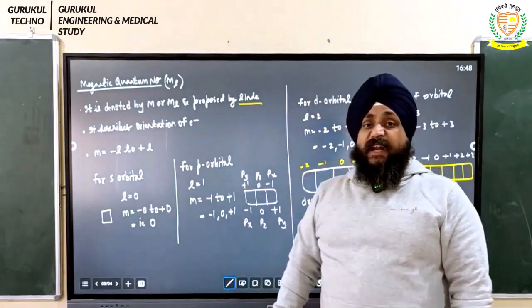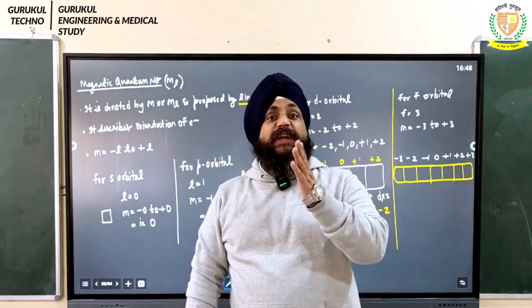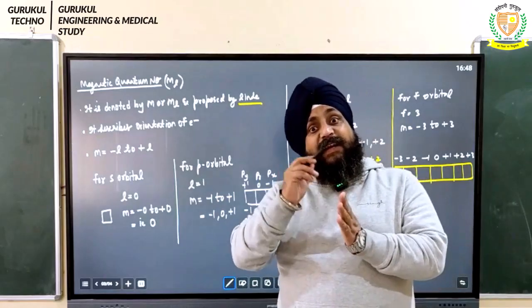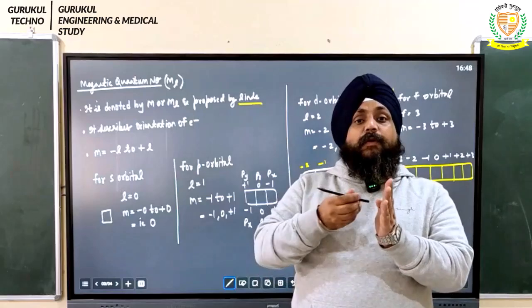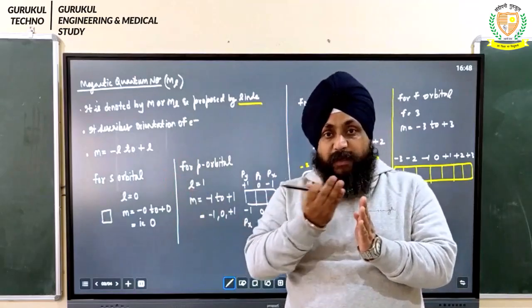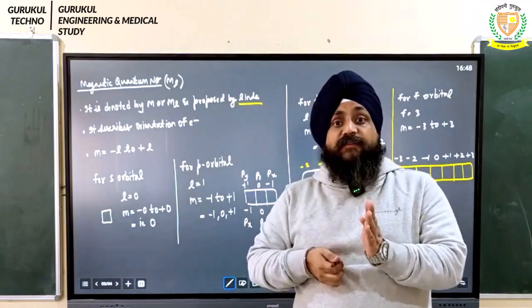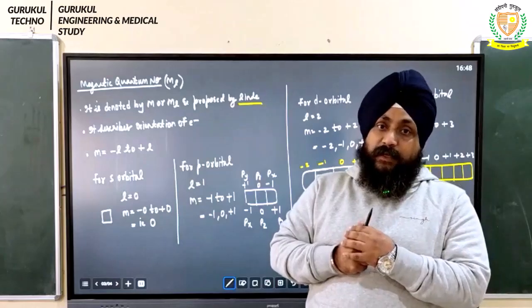It describes the orientation of the electron, that is, in that orbital where the electron is oriented. If it is a p orbital, it may be oriented along the x-axis, so it becomes px. If it is oriented along the y-axis, it becomes py. If it is oriented along the z-axis, it becomes pz, students.